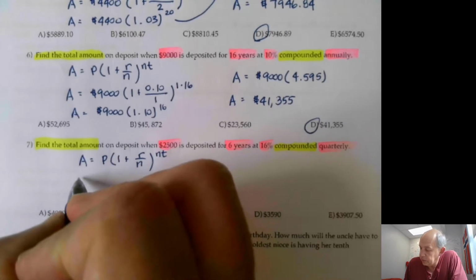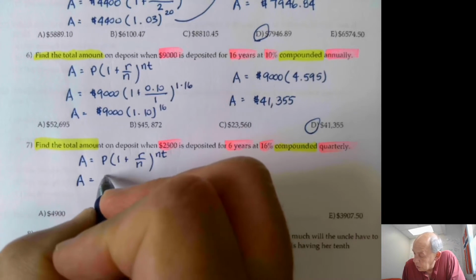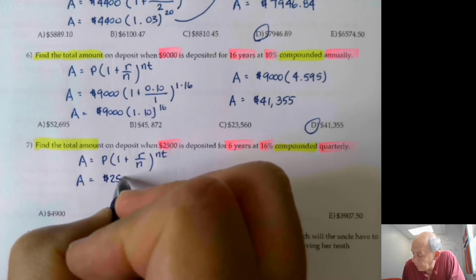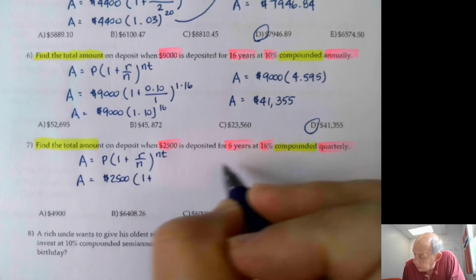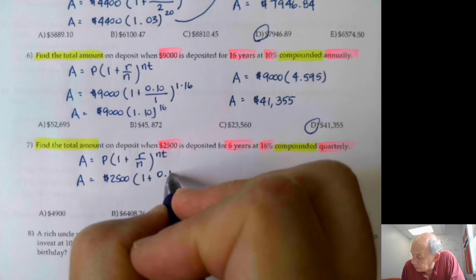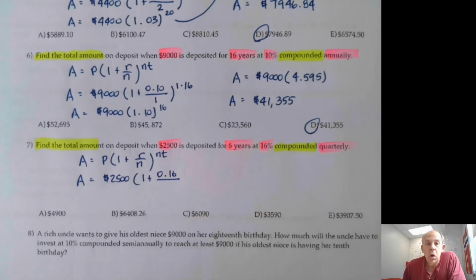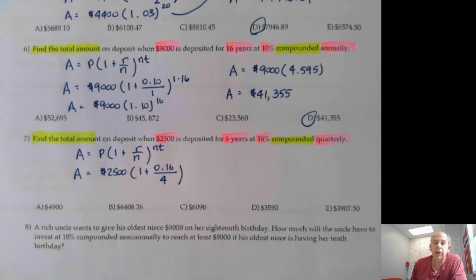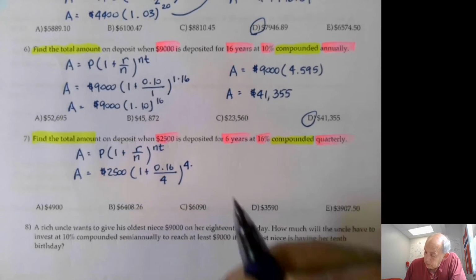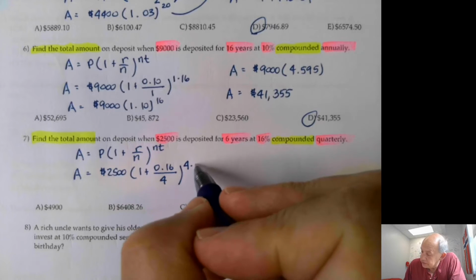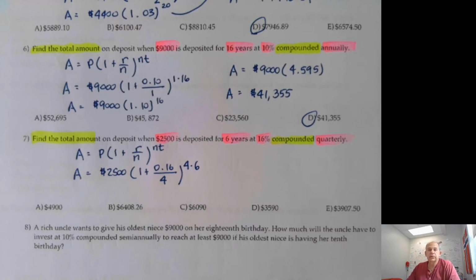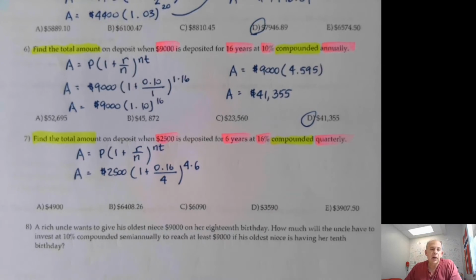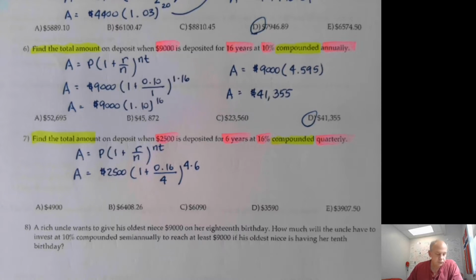Let's plug these numbers in. 2,500, 1 plus 0.16 over 4, quarterly means 4, like 4 quarters in a dollar. And I'm going to leave that money sit in the bank for 6 years. So again, quarterly means your n value is 4.